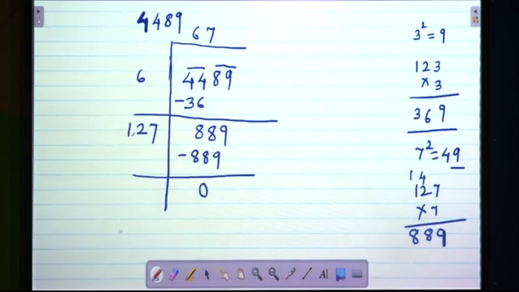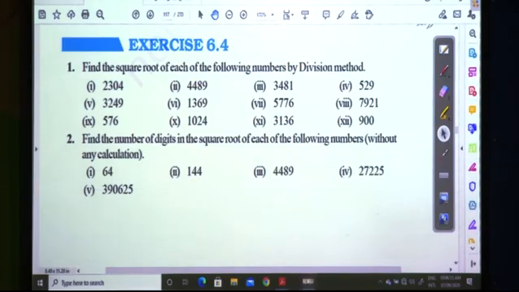It means our answer is: square root of 4489 is equal to, what is the quotient? It is 67. I guess you people are understanding it. Let us go for the next sum.